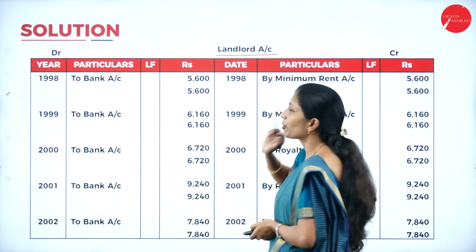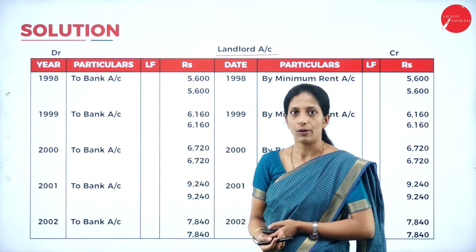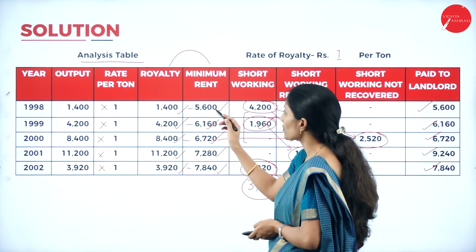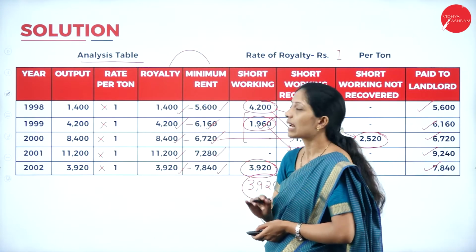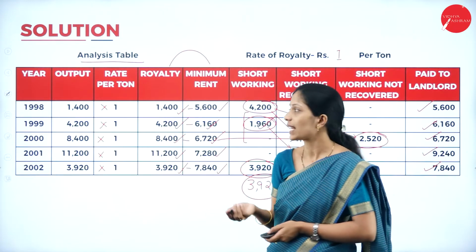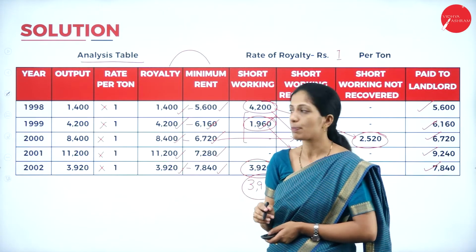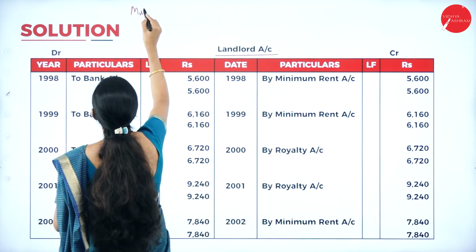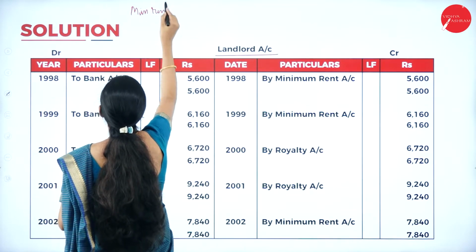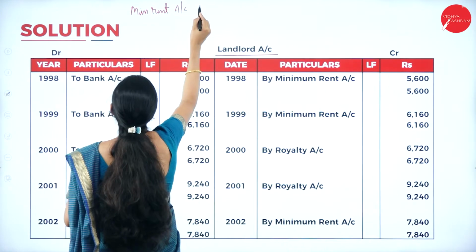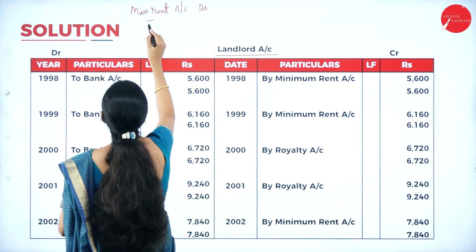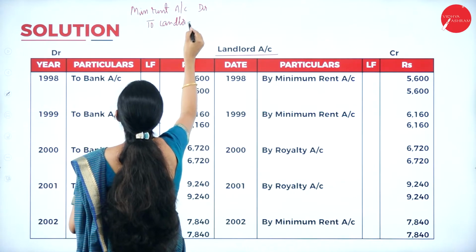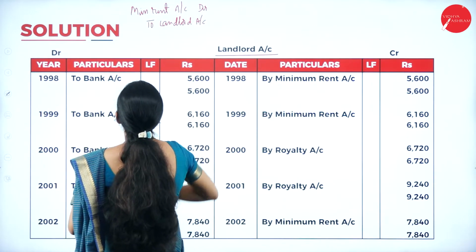Now first we have to prepare the landlord account. Now what are the entries we have to prepare? First we shall see minimum rent is greater than royalty. Now which one is payable? Minimum rent is payable. So what is your entry? Minimum rent account debtor to landlord account.